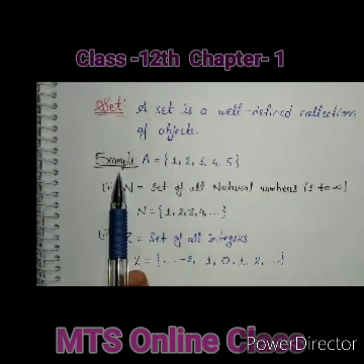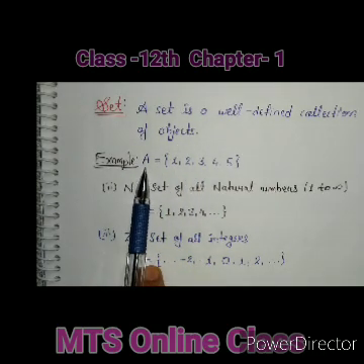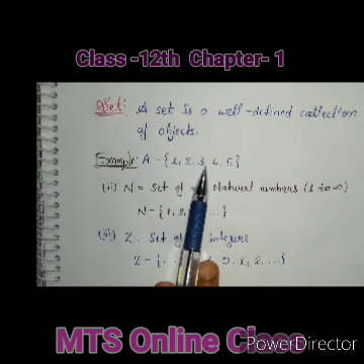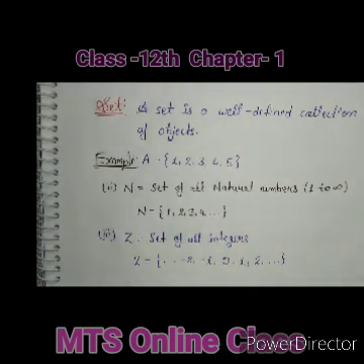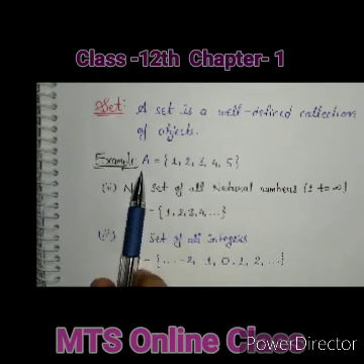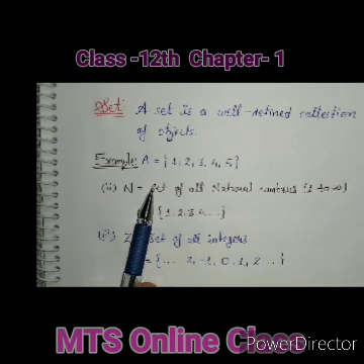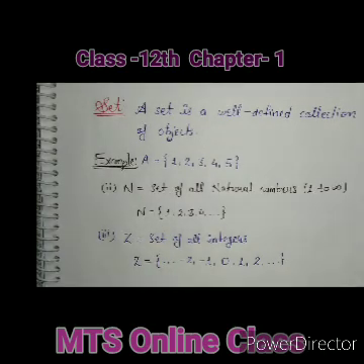For example, if I say the set of natural numbers less than 6, we can write it like that: capital A is equal to 1, 2, 3, 4, 5. Sets are usually denoted by capital letters A, B, C, X, Y, Z, etc. The elements of a set are represented by small letters.